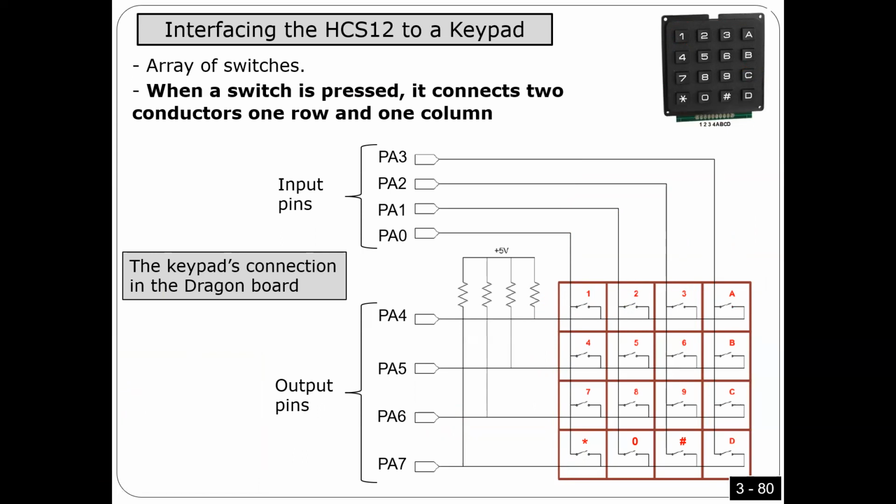Now I'm going to write a program to learn which row is connected to which column. Based on that, I'm going to return the Ascii of this switch. If this one is connected, I return the Ascii of 1. If this is the one, I return 2. If this one is B, 9, 0, and so on. Is that okay? So how can you know which one is connected?